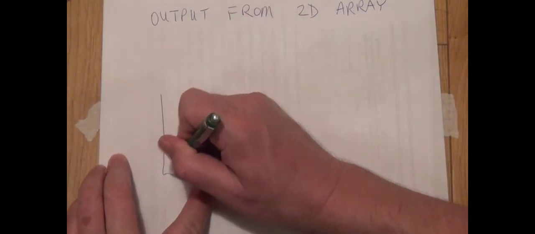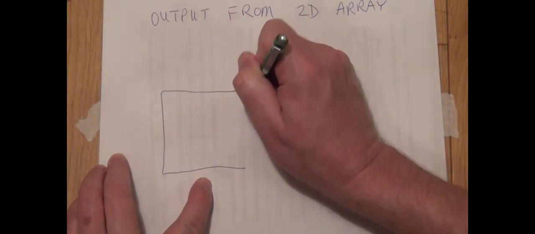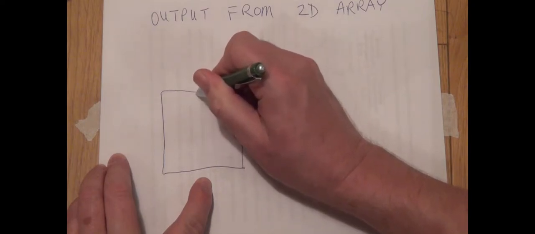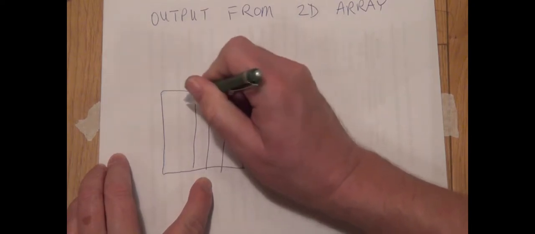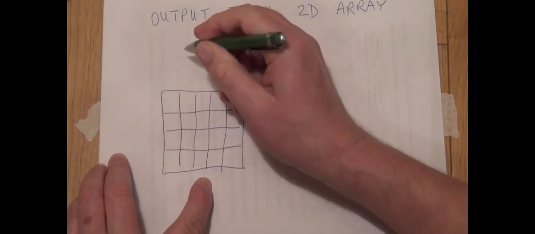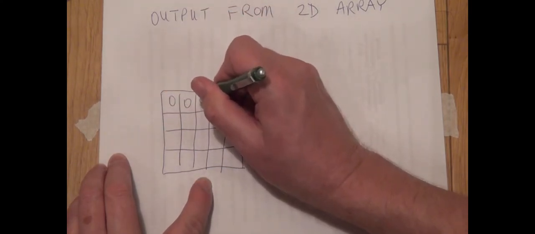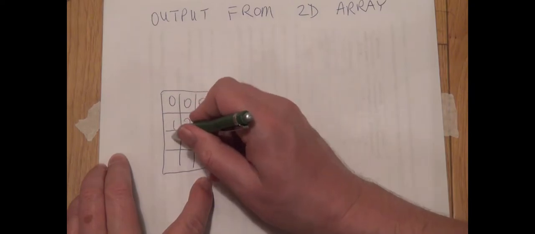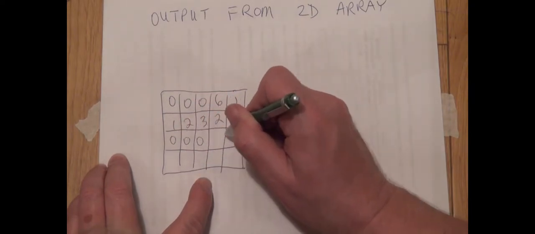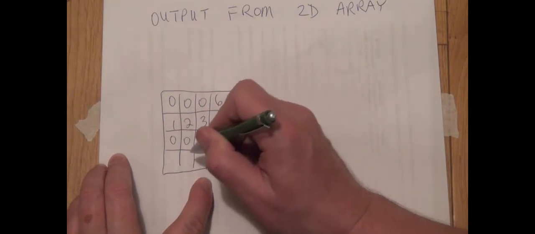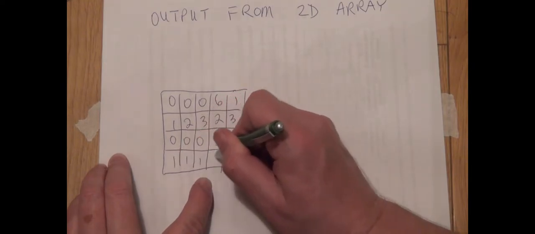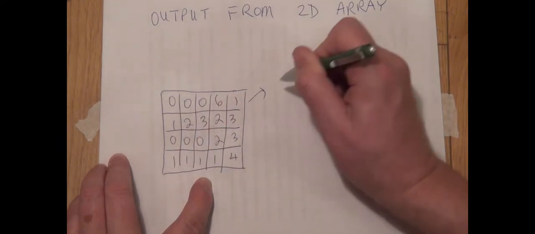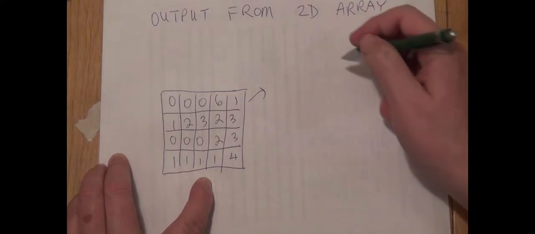So just that same array I had, maybe some other part of the program. Remember, it had 5 columns, it had 4 rows, and the values in it were 0, 0, 0, 6, 1, 1, 2, 3, 2, 3, 0, 0, 0, 2, 3, and then 1, 1, 1, 1, 4. And we would like to print that out.